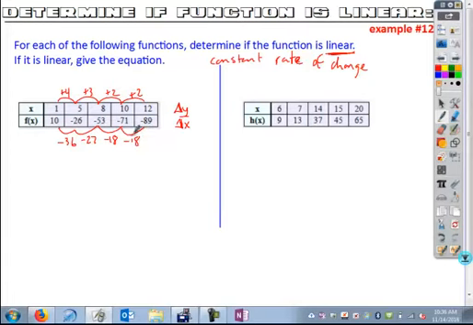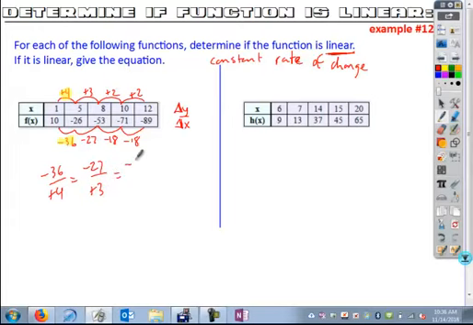So what you can do here is take any of the changes in y's. If I took these matching pieces here, is this number divided by this number, the change in y over the change in x, consistent throughout this whole thing? Is negative 36 over positive 4 equal to the next one, negative 27 over positive 3?